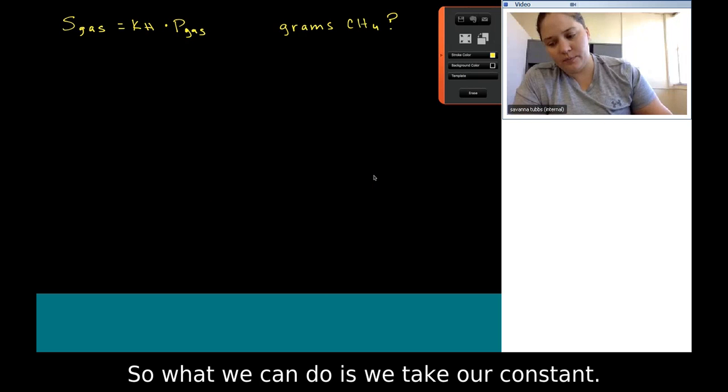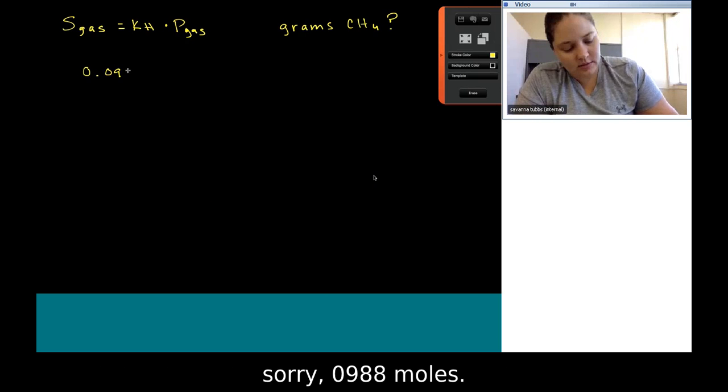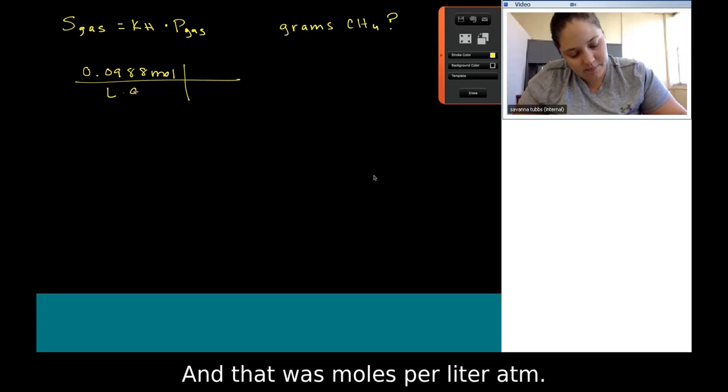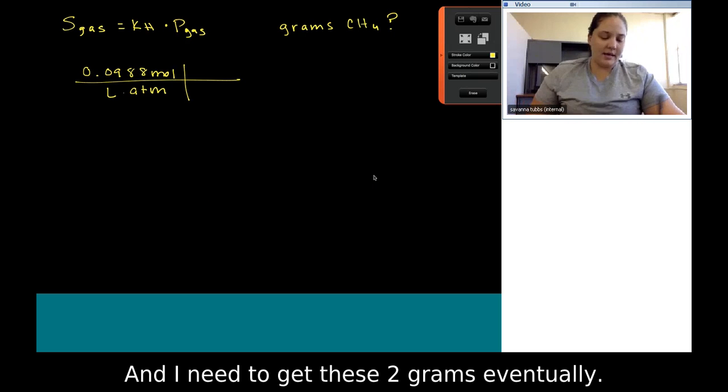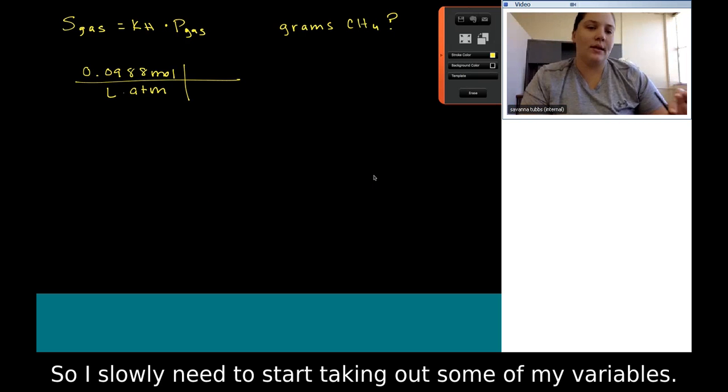So what we can do is take our constant, and I'm going to put it in extended form, 0.0988 moles per liter ATM. I need to get this to grams eventually, so I slowly need to start taking out some of my variables.